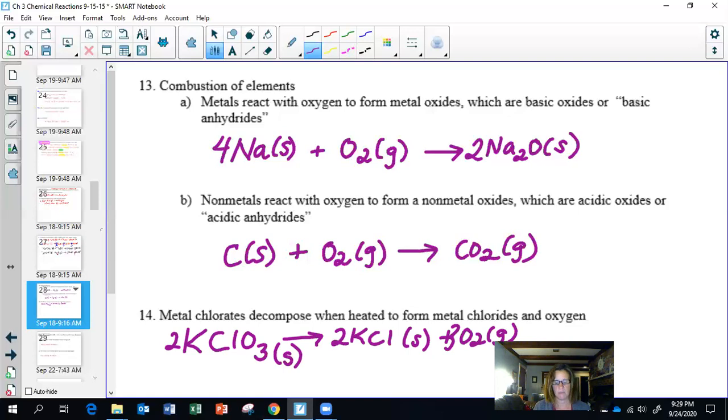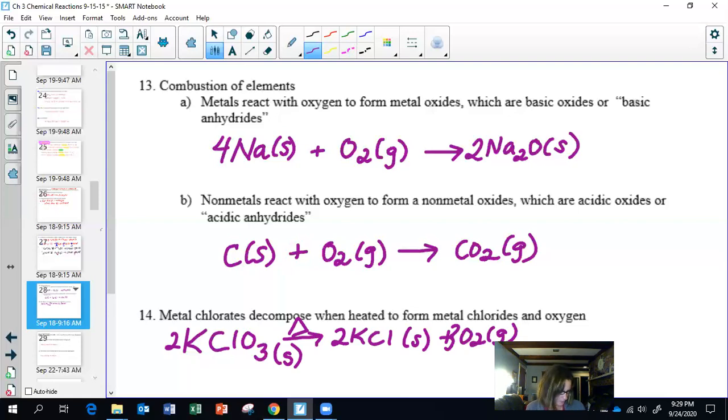Remember that potassium chlorate, being an ionic compound, is going to be a solid. This reaction would likely happen in a Bunsen burner with some heat. And this would be in a test tube or possibly in a crucible, something that could withstand high temperatures for this reaction to occur.